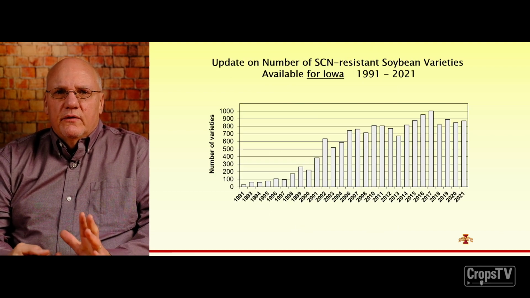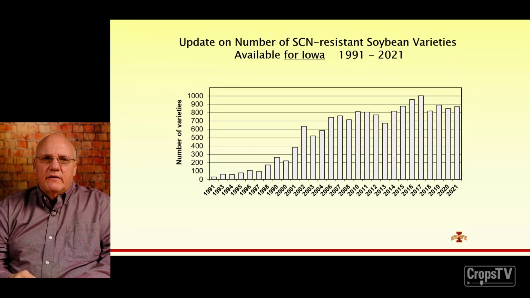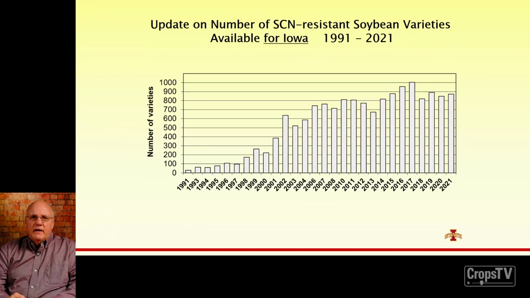So since cyst-resistant soybeans are the foundation of our management of SCN in the state, I have a very keen interest in it. And throughout almost all of my decade, I've been tracking what the industry is making available for farmers to grow in terms of cyst resistance.